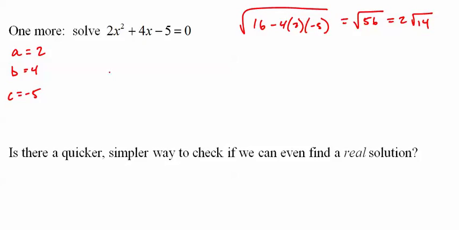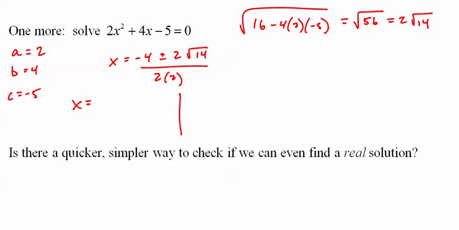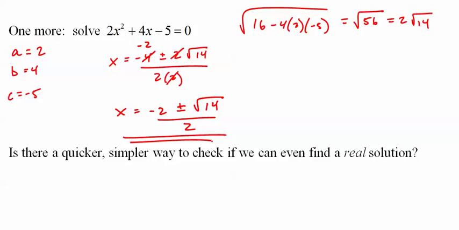Yep. So x equals negative 4 plus or minus 2 root 14 all over 2 times 2. x equals, you know what, I'm not going to break it into 2. I got a radical up there. I can divide out 2 here, here, and here. x equals negative 2 plus or minus root 14 over 2. Could simplify that, change it a little bit. I don't know if I would call it simplifying, but might as well just leave it as is.